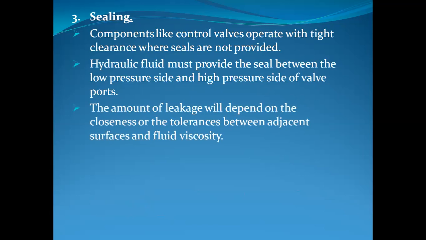The amount of leakage will depend upon the closeness or tolerances between the adjacent surfaces and the fluid viscosity. So the hydraulic fluid has the best sealing ability because on two opposite sides of the valve the pressure is different. Both pressures act on the walls of the valve. Therefore, the chances of leakage are very much reduced.